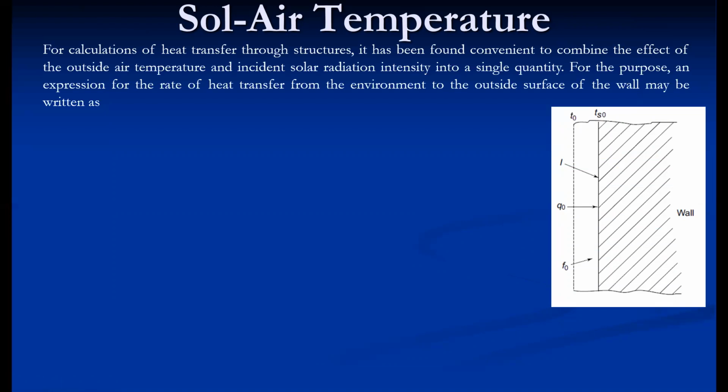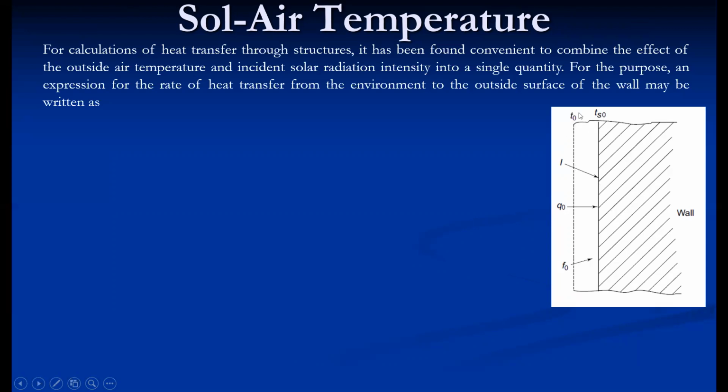Because generally on the outside surface, the heat is transmitted due to convection as well as radiation, both components are combined in a single entity that is called the sol-air temperature. So for this purpose, an expression for the rate of heat transfer from the environment to the outside surface of the wall may be written. So this is the outside surface of the wall.